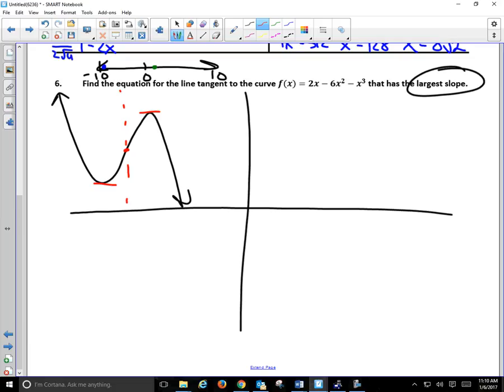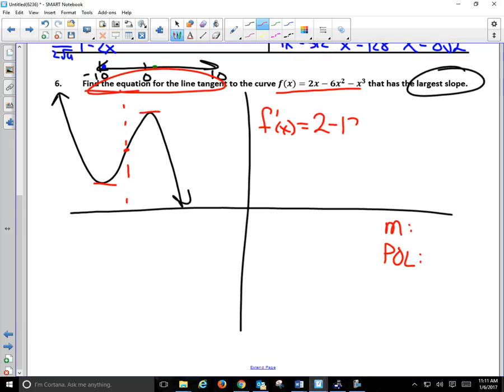So it says to write an equation for the line. What two things do I need? You need your slope and you need your point on your line. You just told me I'm going to need a second derivative. Well, I have my original function. What is f prime of x? And then f double prime of x.